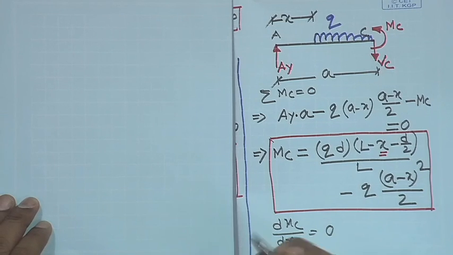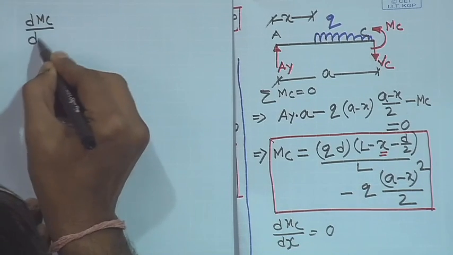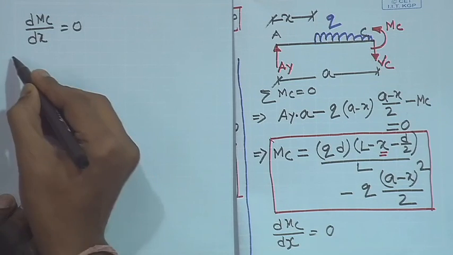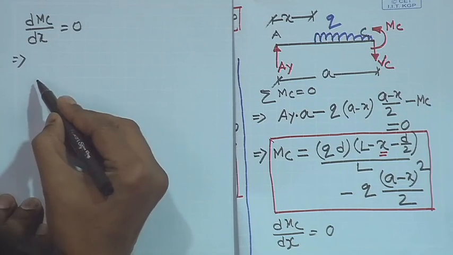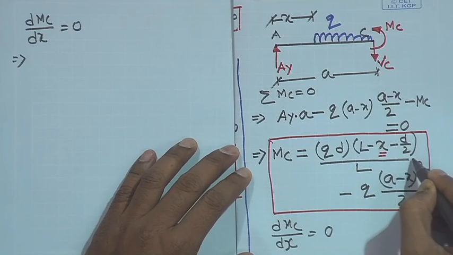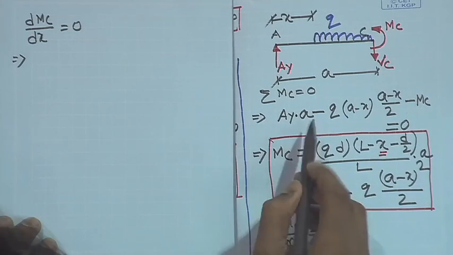We have this expression we just derived. Now, we take dMC/dx equal to 0, and if we do that, then what we have is q d a, there will be an a as well, please correct that, because it is Ay into a.